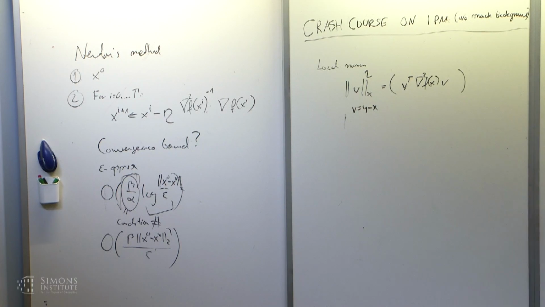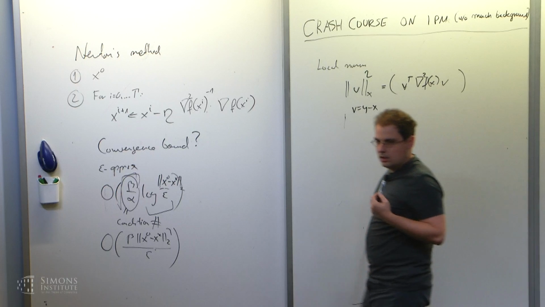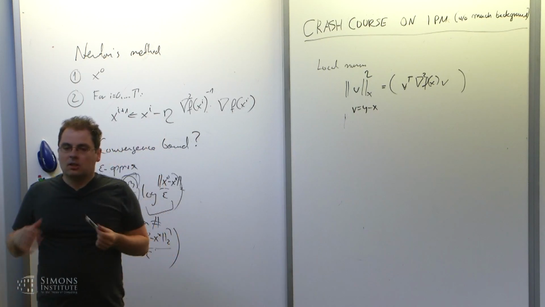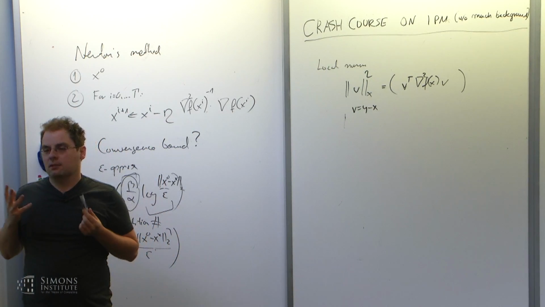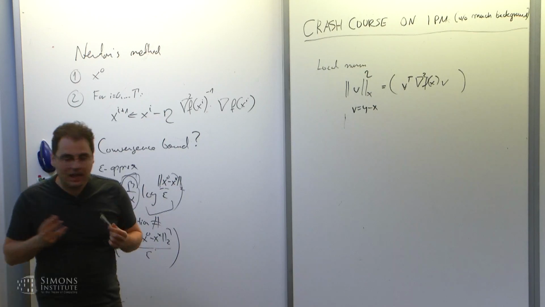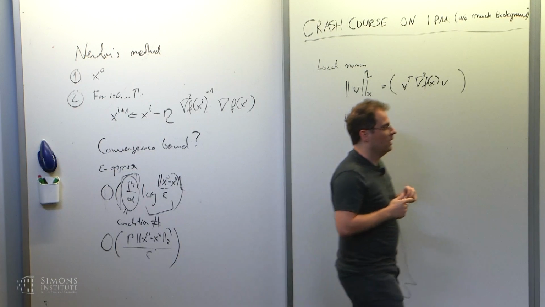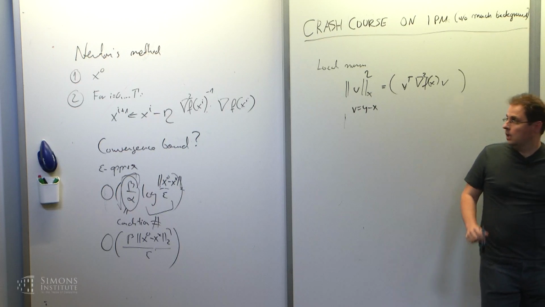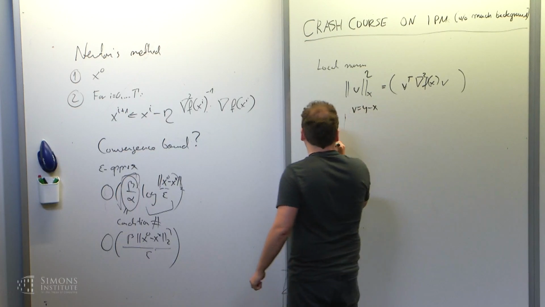However, there is a saving grace, namely Nesterov and Nemirovsky identified a broad class of functions for which you can have a relatively clean analysis of Newton's method. And this class of functions is called self-concordant functions.